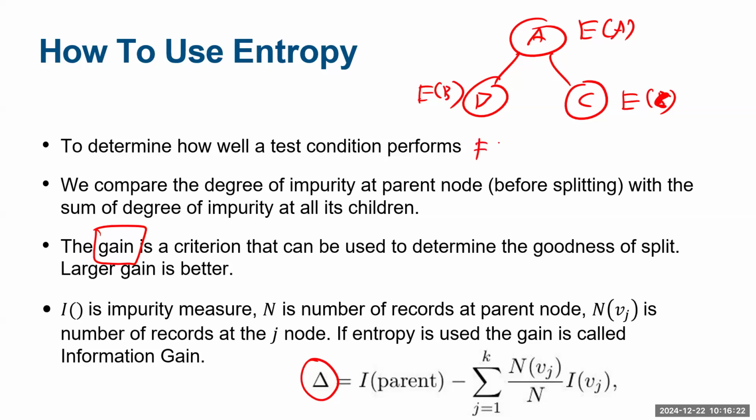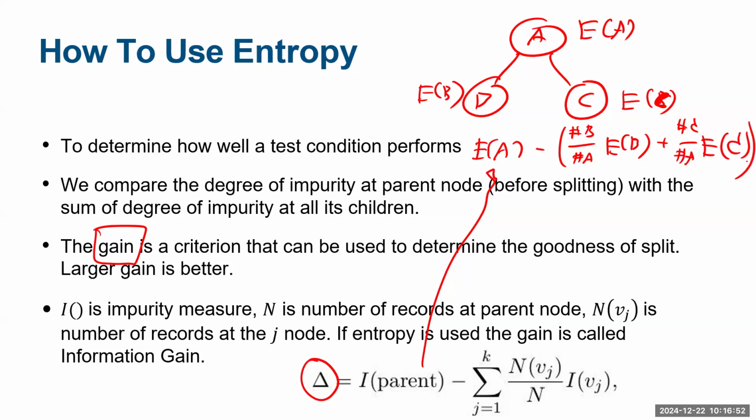So it's basically the entropy of A, minus, depending on how much data got split, the number of data in B divided by the number of data in A times the entropy of B, plus the number of data in C divided by the number of data in A times the entropy of C. So this is the gain for this particular split.